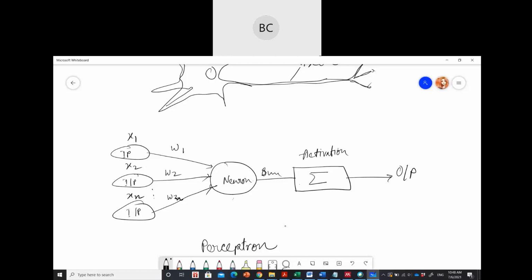If the sum of weighted input signals is greater than the particular threshold, it is going to fire. If not, it is not going to fire. It will give an output only when your sum is greater than the threshold.